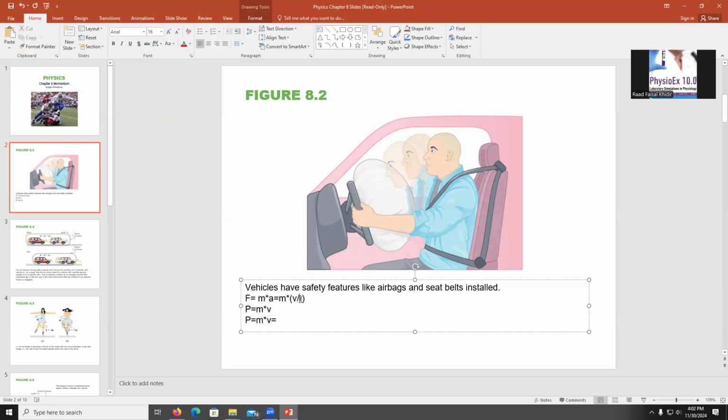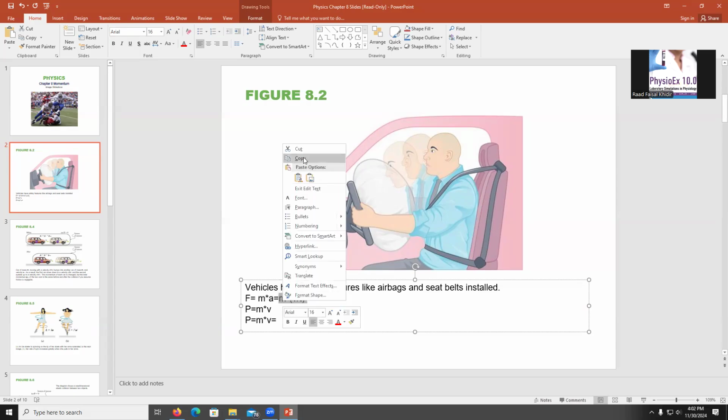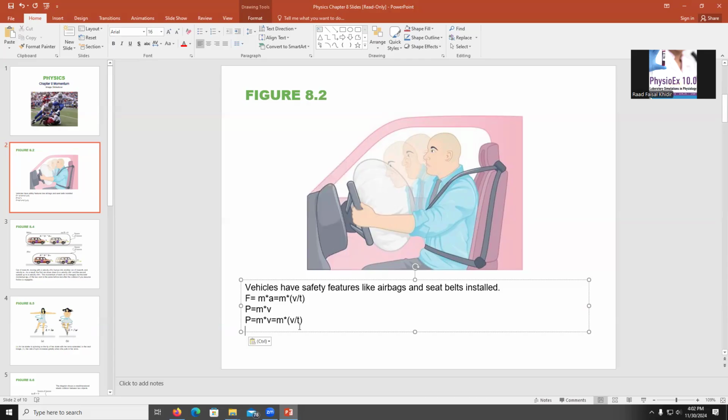So I can take this formula right here, and I know that my momentum is m times v, which is the same thing as the force. The force is mass times velocity divided by time. Then I'm going to go ahead and multiply by the time, so the time can cancel out. I know that velocity divided by time is acceleration, and acceleration multiplied by the time will give me velocity.